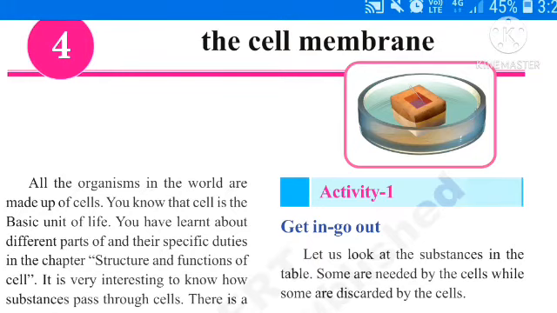This characteristic of the membrane enables it to control the exchange of substances between the cell and its external environment. So that is about the cell membrane, or plasma membrane, or selectively permeable membrane.